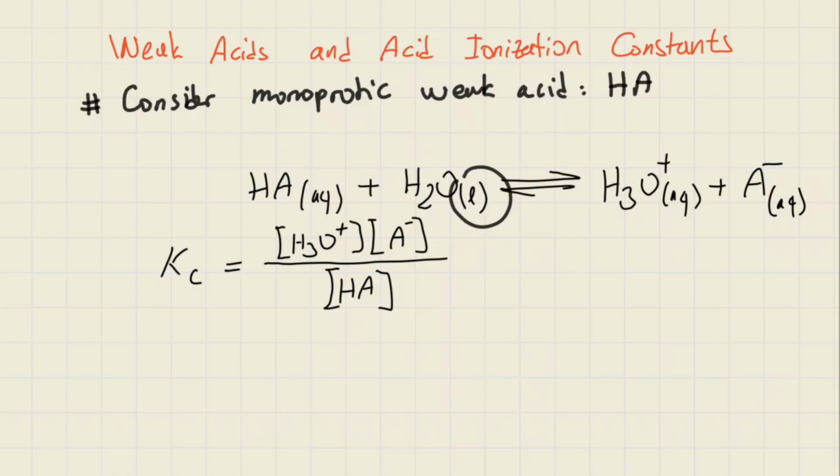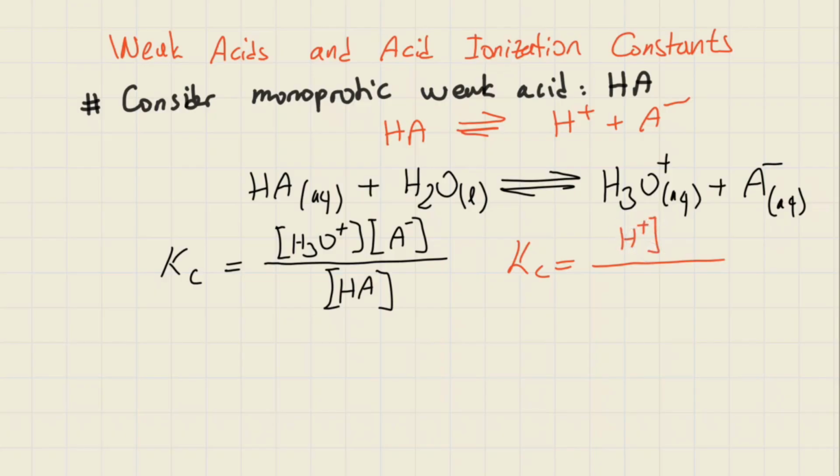So water is liquid phase. It shouldn't be in the equilibrium expression. Just a reminder. And also we can write the same reaction in this form. So Kc can also be written as H+ concentration times A- concentration over the HA concentration. So both of them are correct.